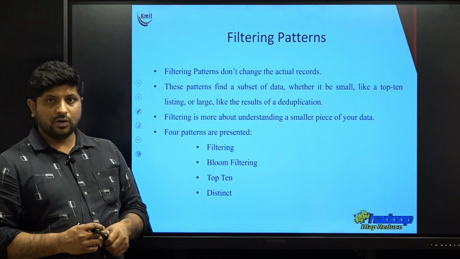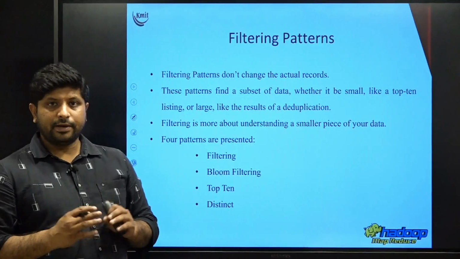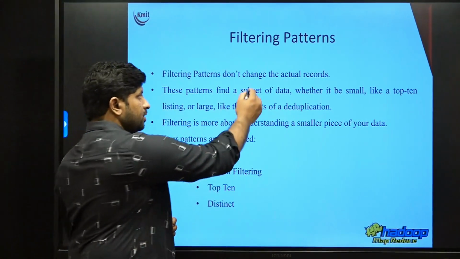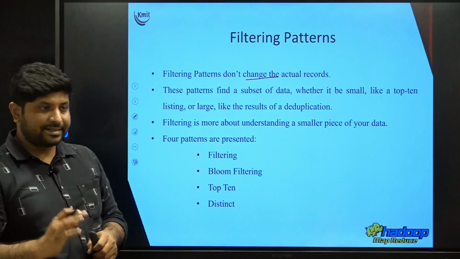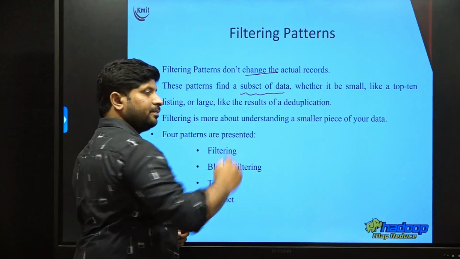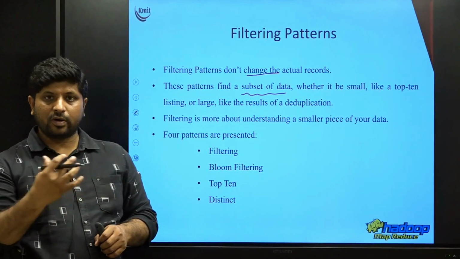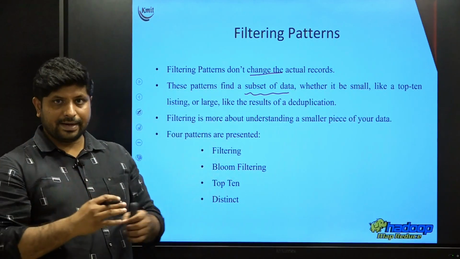filtering pattern. As the name indicates, filtering does not change any of the records. It just takes a subset of the data, or else it extracts or retrieves the subset of data from the whole data set.